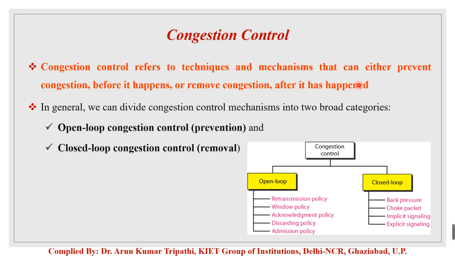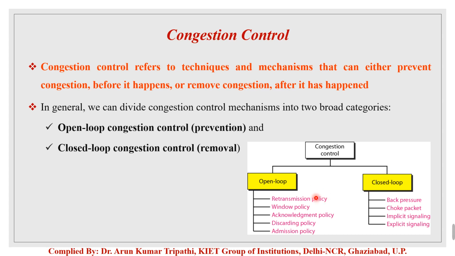First one is the open loop congestion control, that is known as the congestion prevention. That means it will not allow the congestion to happen. And second one is the closed loop congestion control. That means it allows to overcome the congestion if it happens. So there are a number of techniques in both open loop and closed loop. We will discuss each one by one.